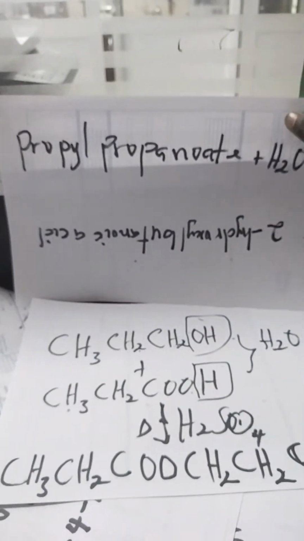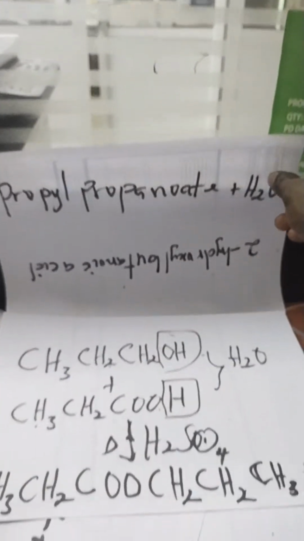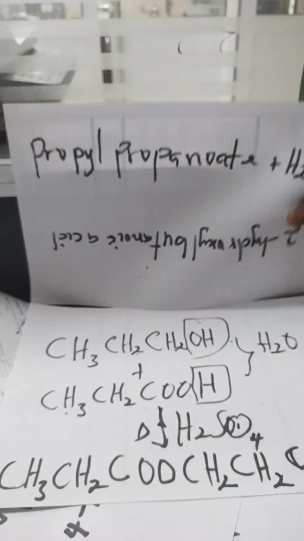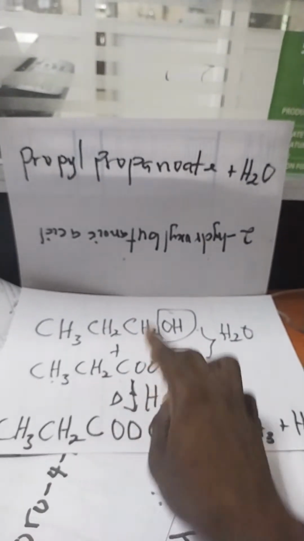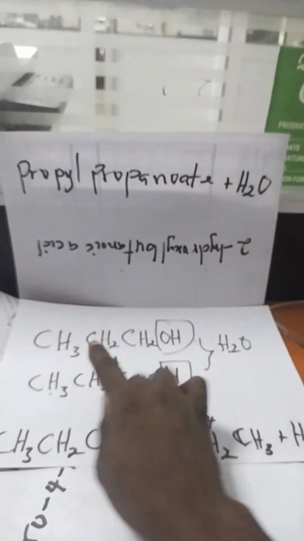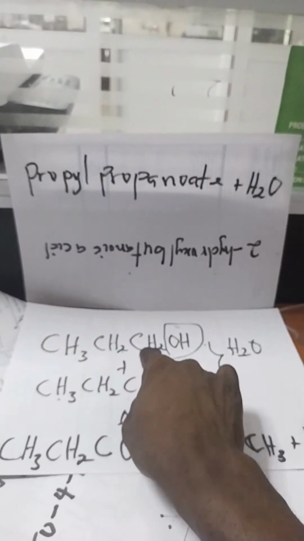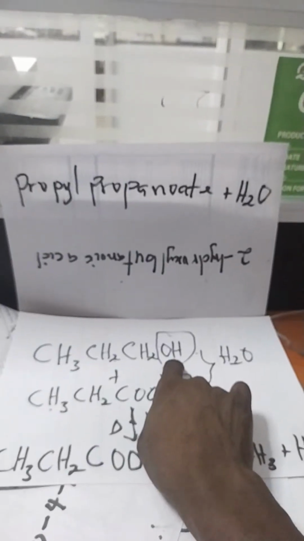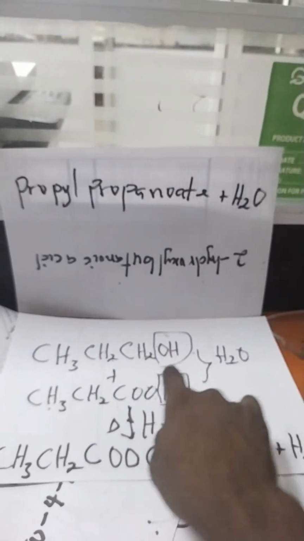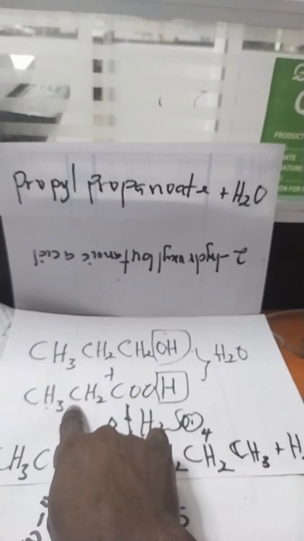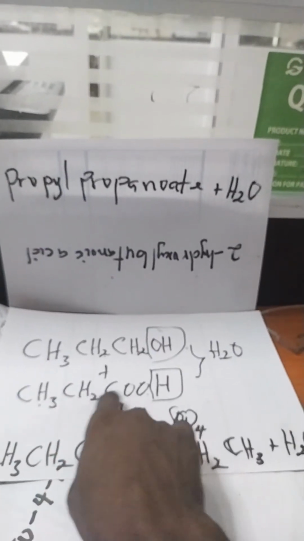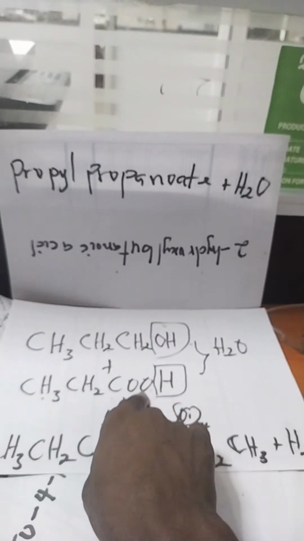Anytime you want to prepare an ester in the lab, it's always a sweet smelling substance. Now look at the compound here. This is CH3, CH2, CH2OH, that is propanol, reacting with propanoic acid.